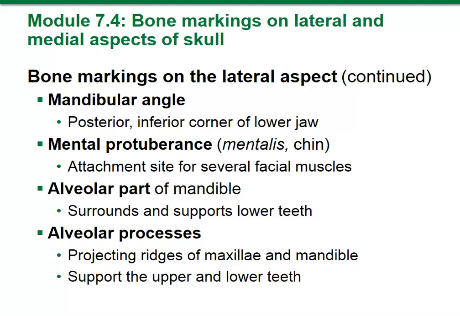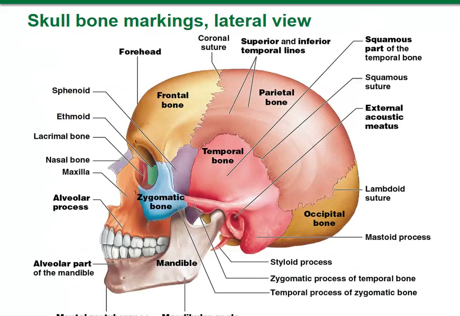I'm not going to go into all of these details. Again, a lot of these markings they mention are important parts that attach to muscles. Again, this picture shows you the point at which the zygomatic bone attaches to the zygomatic process of the temporal bone.